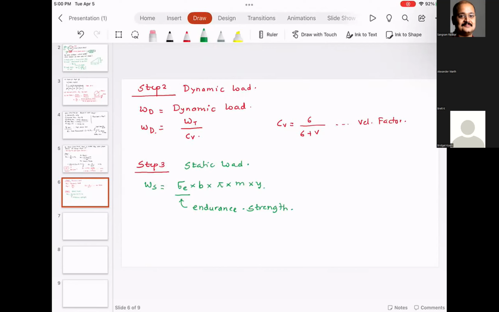So let me give you a very simple example. Initially, it's like breaking in. When you buy a new car, you don't go beyond 60 miles an hour. Initially the mileage of the car is not very high because the components are not broken in.